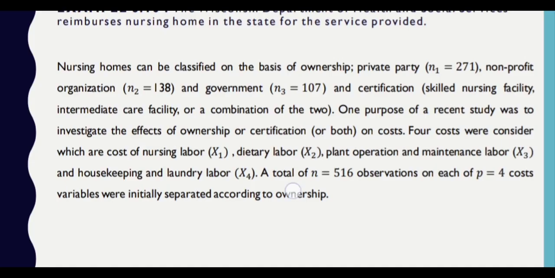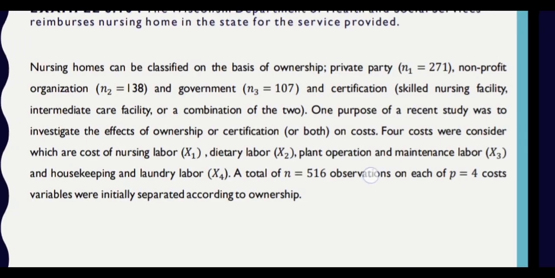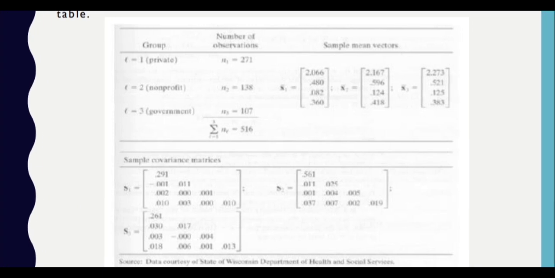And we have 4 variables that we need to analyze, which are labor cost of nursing, dietary, plant operation, and also housekeeping and laundry labor. Alright.